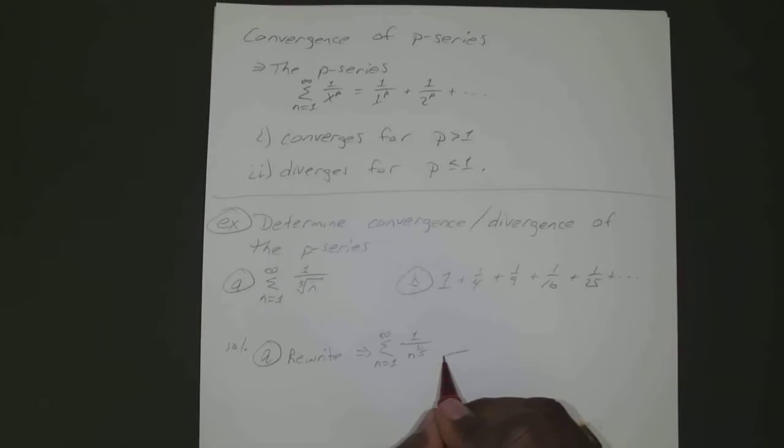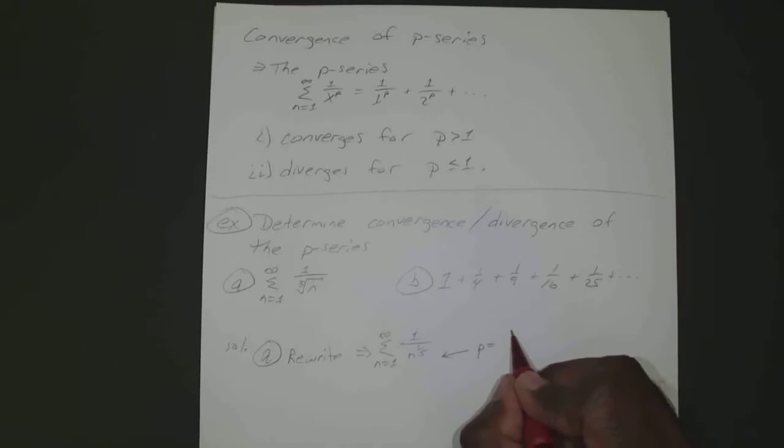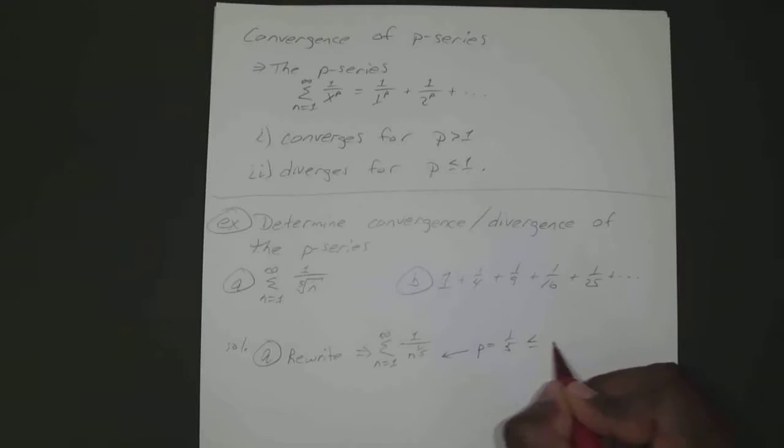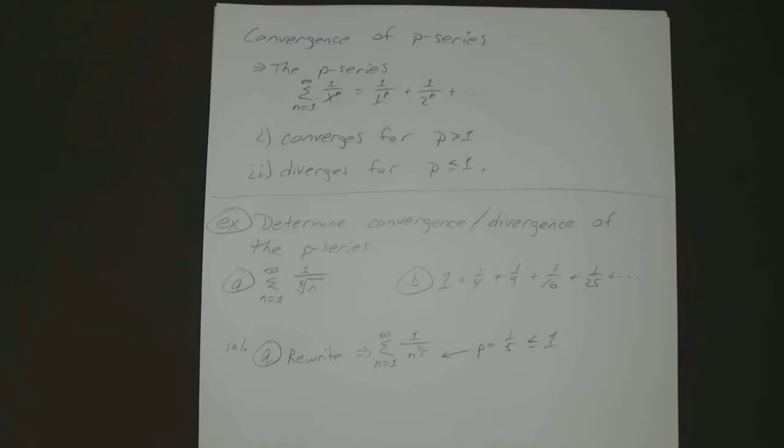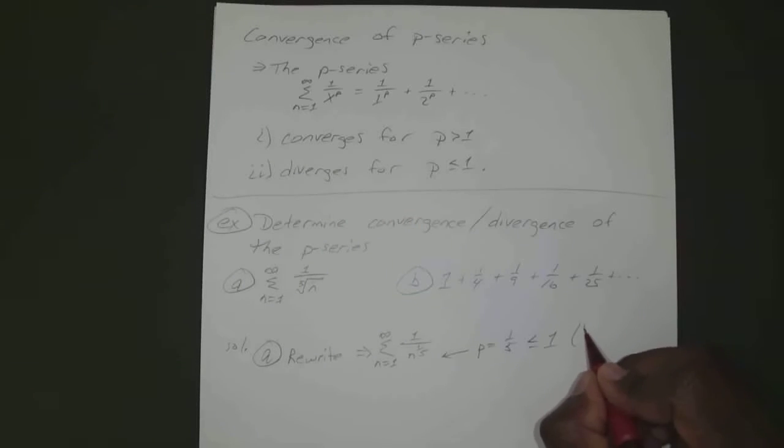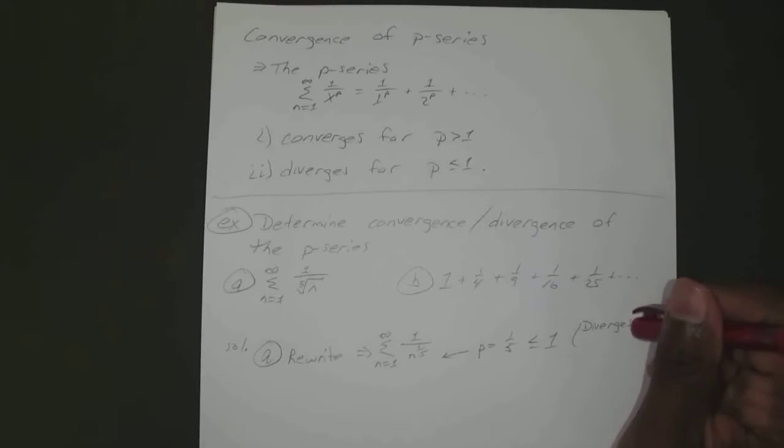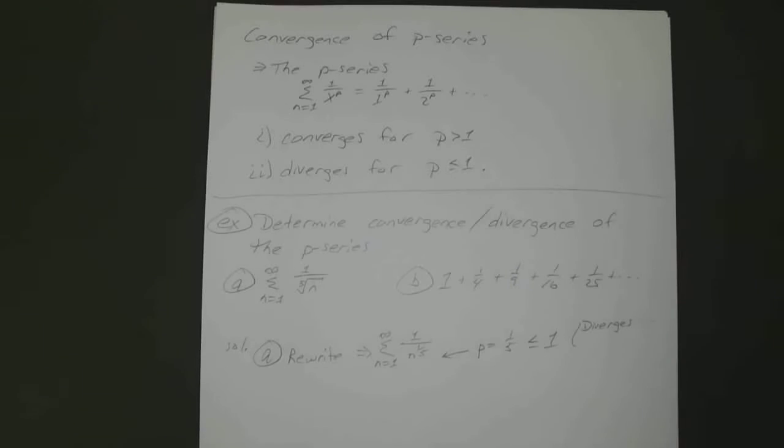So we know here that our p is equal to 1/5, which is less than or equal to 1. So we know just from the p-series that it diverges.